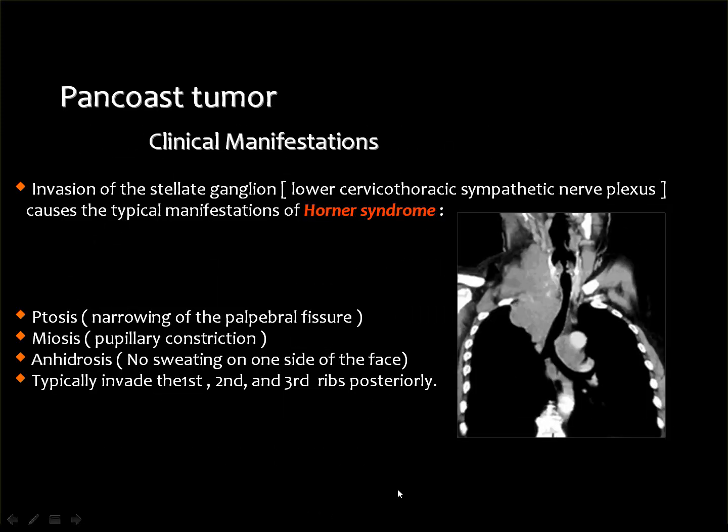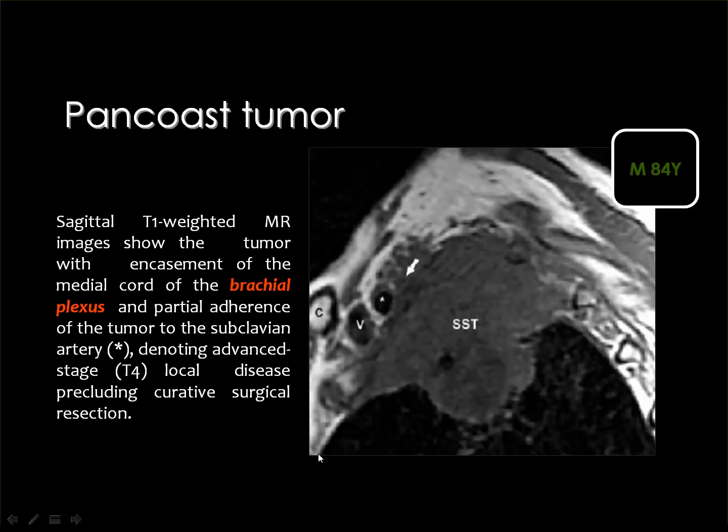But what is important here is to assess the relation of the tumor to the brachial plexus roots as well as to the subclavian artery and the vein. And this relationship cannot be achieved without MRI, especially in the sagittal image.